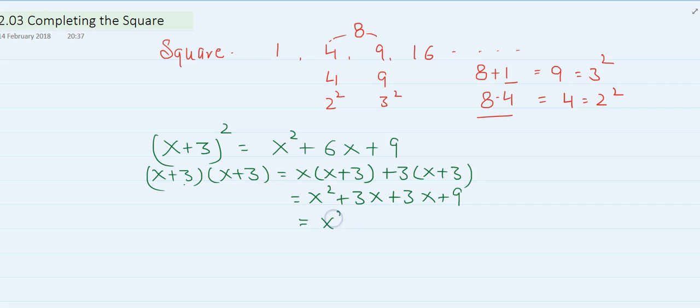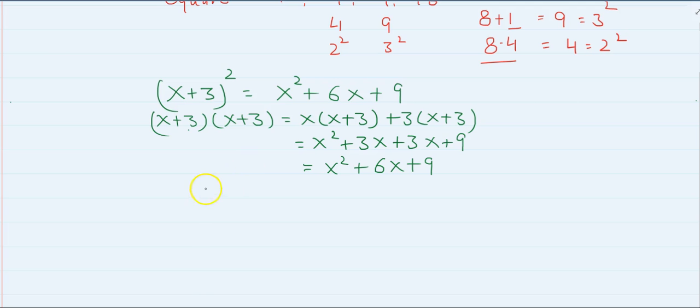So it will be x square plus 6x plus 9. So we know that x plus 3 square is equal to x square plus 6x plus 9.